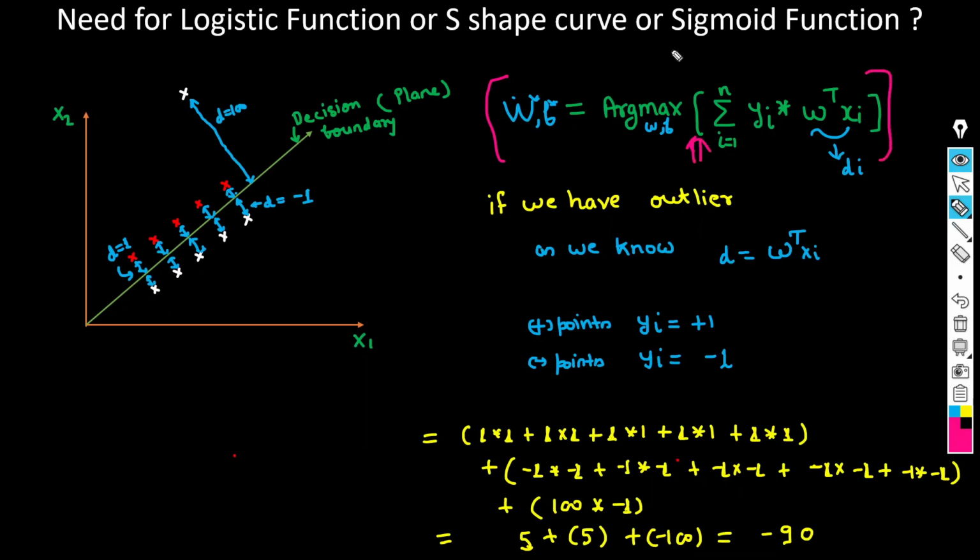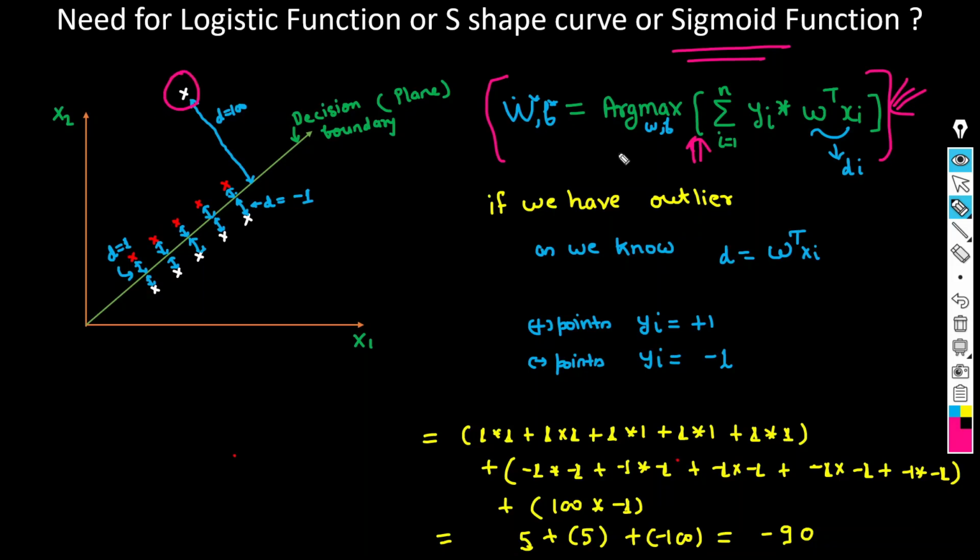What is the use of the sigmoid function in this geometrical notation? Why do we use the sigmoid function? Because till now we have found this particular equation, so what is the use of the sigmoid function in it? Let me introduce one outlier here.